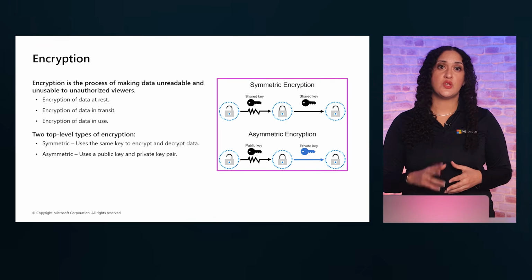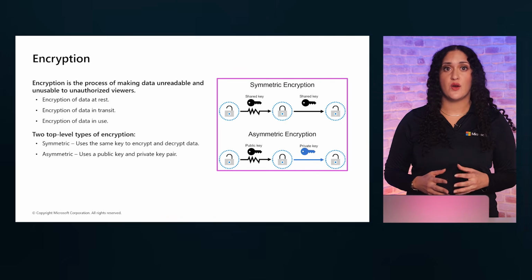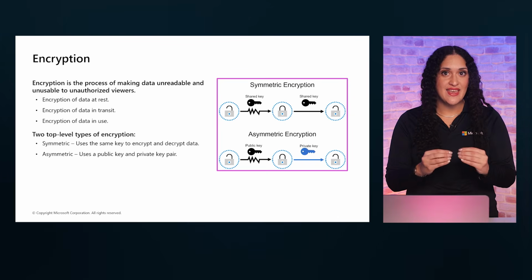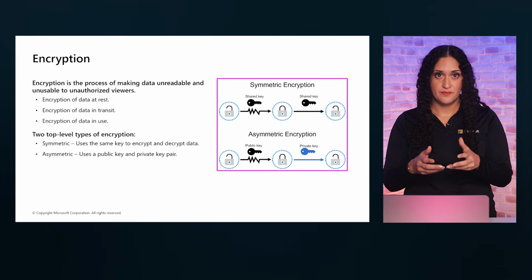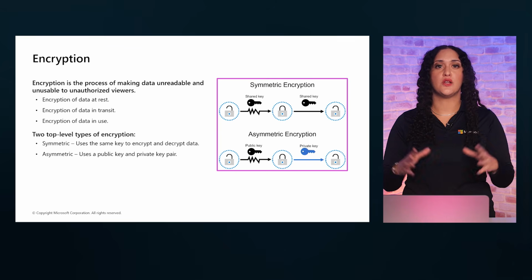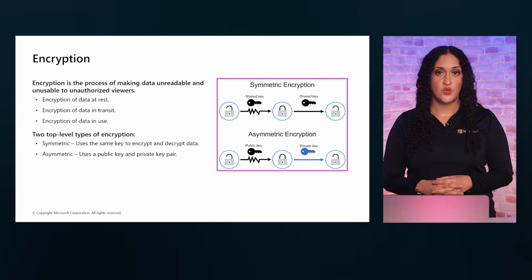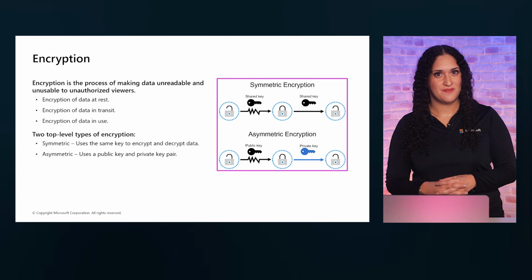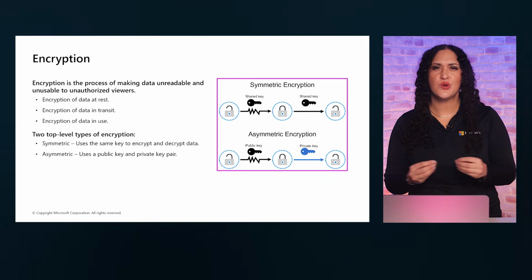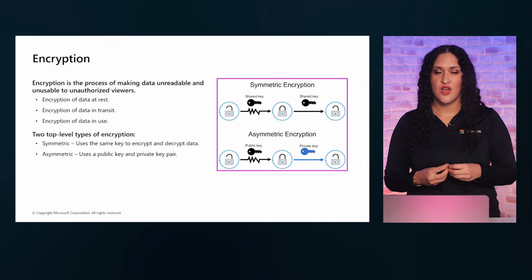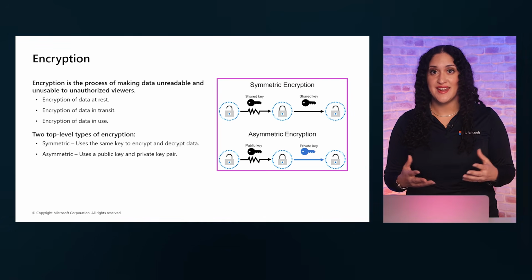Encryption works by using two main approaches. Symmetric encryption uses the same key to encrypt and decrypt data and is efficient for protecting large amounts of information. Asymmetric encryption uses a public and private key pair and is commonly used for secure communications such as TLS for websites and digital signing.